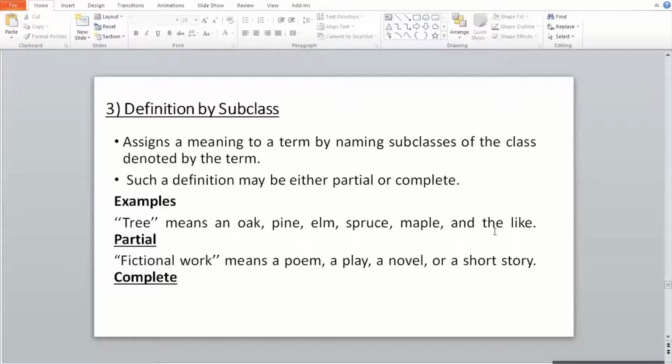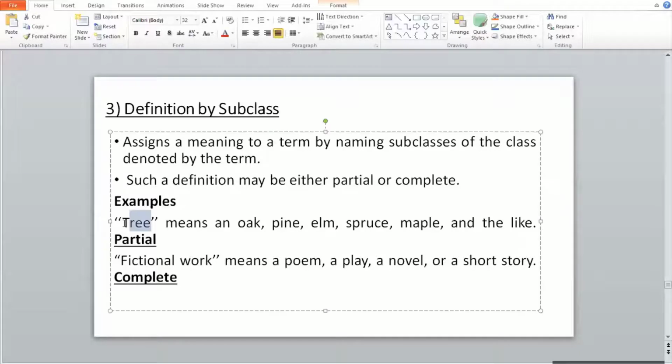We don't exhaustively list all members, so that is a partial listing. When defining a term by subclass, we name those under this category and class.